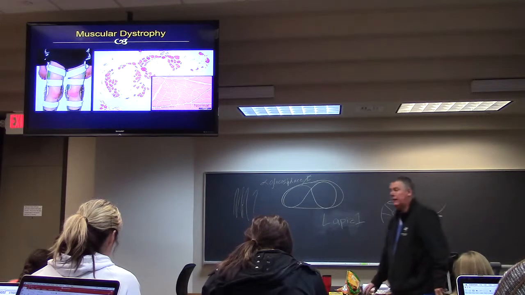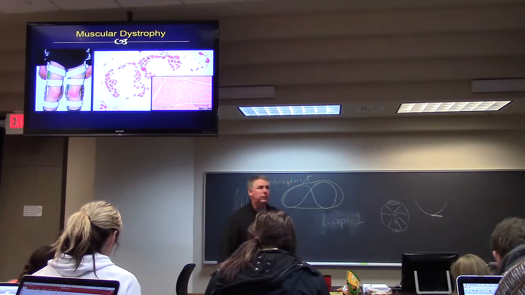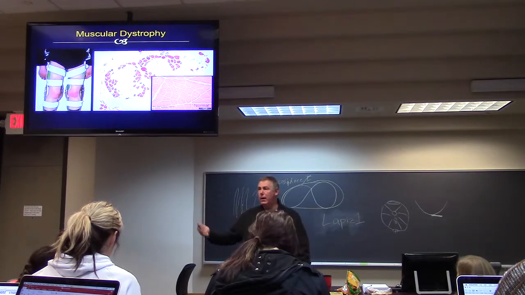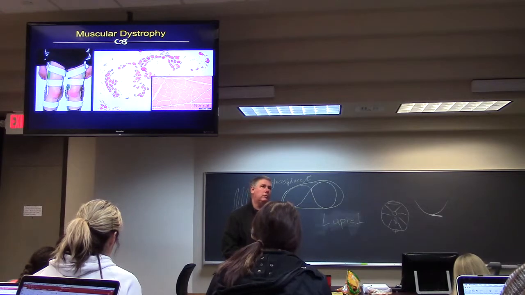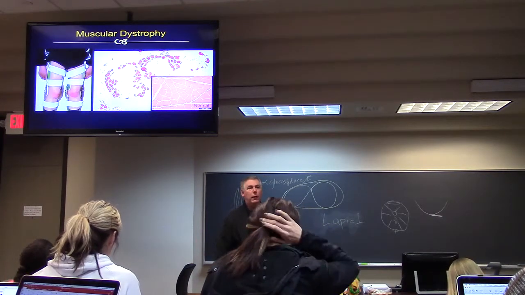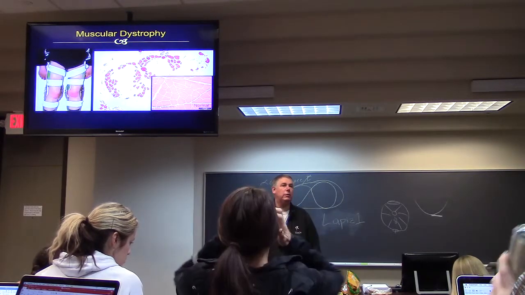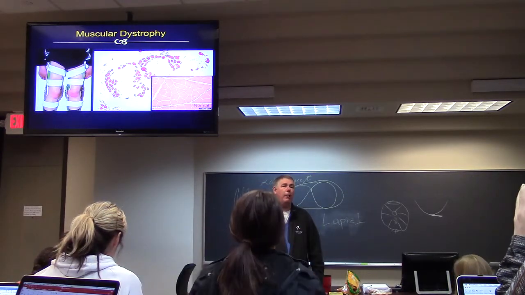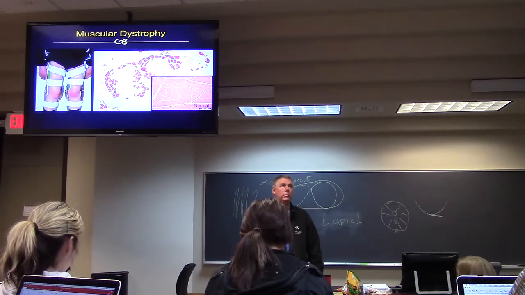There are dozens of types of muscular dystrophy, but they all result in sort of the same outcome, at least at the gross level. Any questions about muscular dystrophy? It's a very common disorder, not curable.